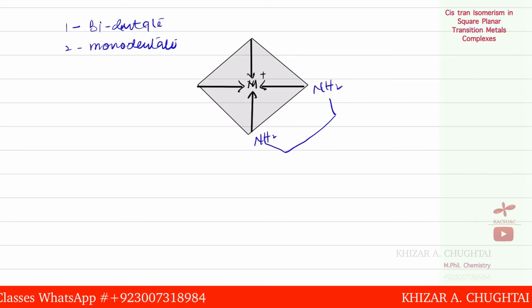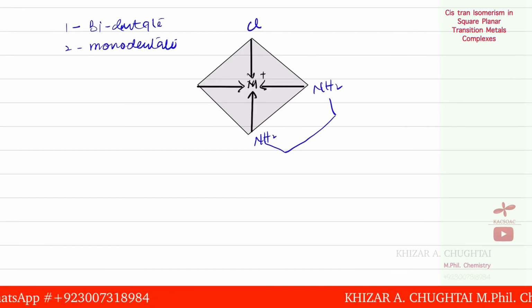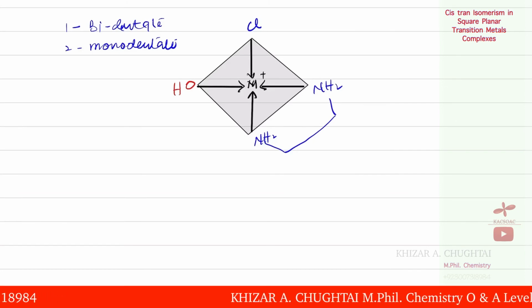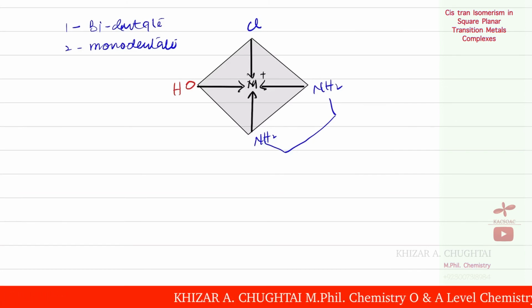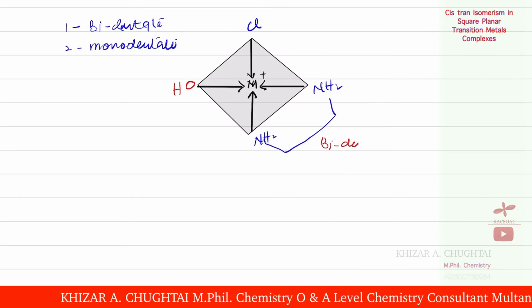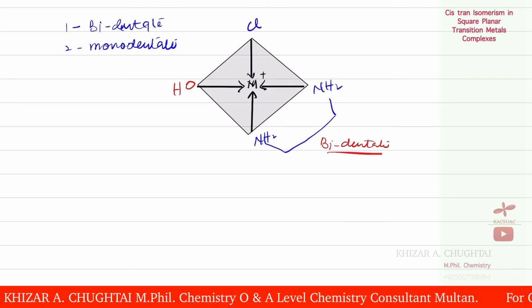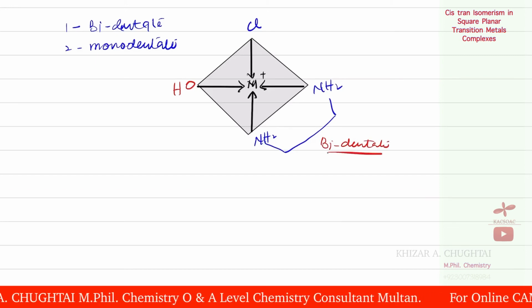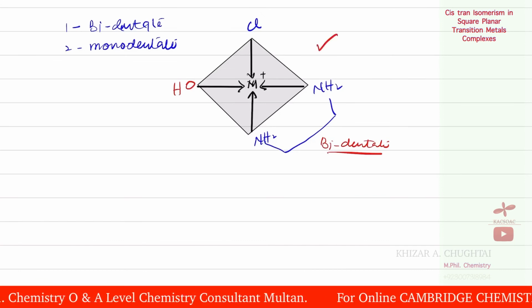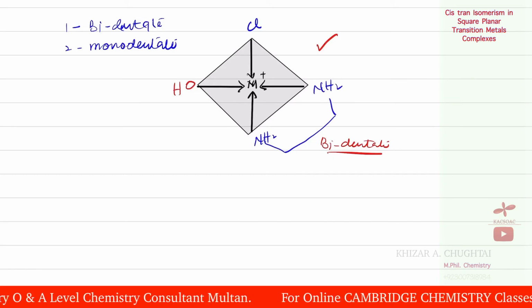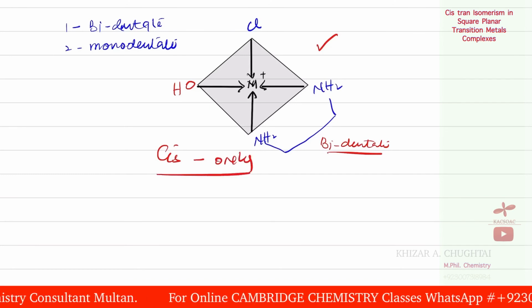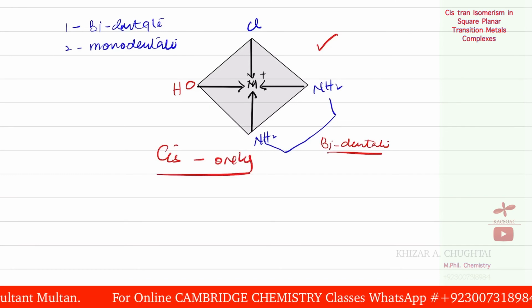Let's suppose the two monodentate ligands are Cl and OH. So this is once again a square planar complex having two different types of ligands, one bidentate and two monodentate. In this case, there is only one possible arrangement, that is this one. So this molecule can be cis only. There is no possibility of a cis-trans pair in this case.